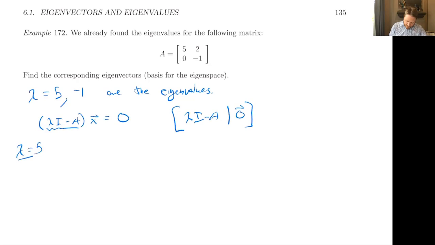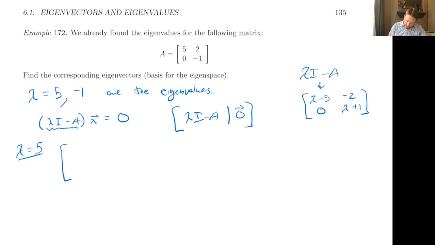So for lambda equals 5, well, what happens? Okay, let me write down lambda I minus A over here so I can refer to it. So for us, that's lambda minus 5, -2, 0, lambda plus 1. And so we'll plug in 5 to that.